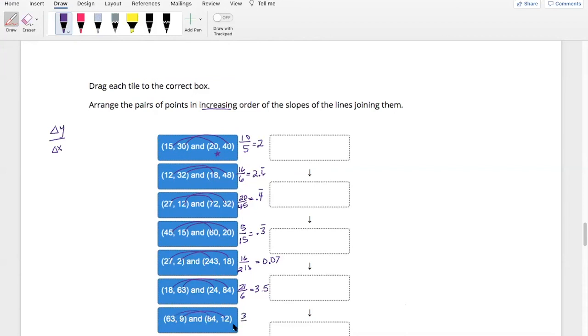Change in x, 21. And that's 1/7. If we want to keep with the decimals, it'd be about 0.1429 if I round it there.